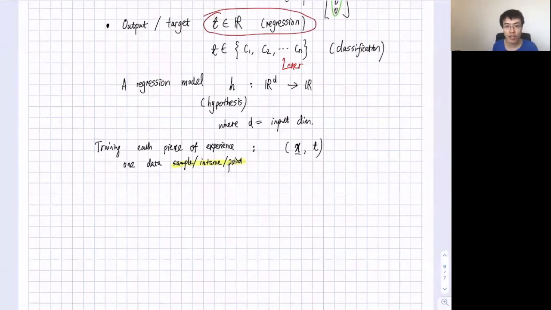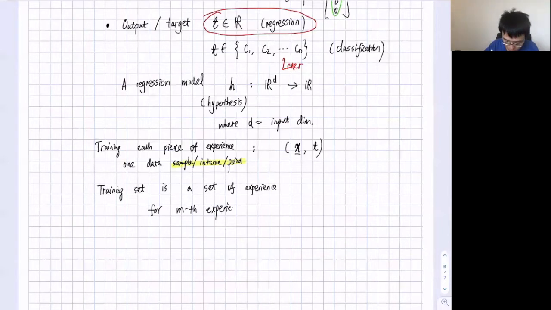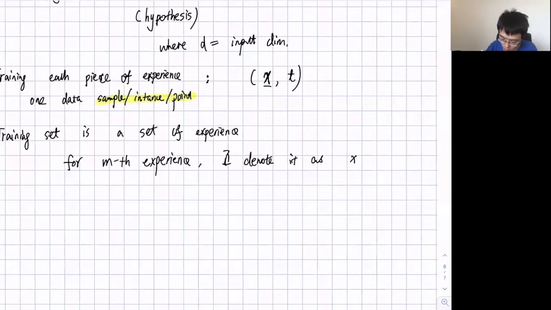But how about my training set? So my training set is a set of experiences. For the mth experience, I denote it as X superscript m and T superscript m, okay?